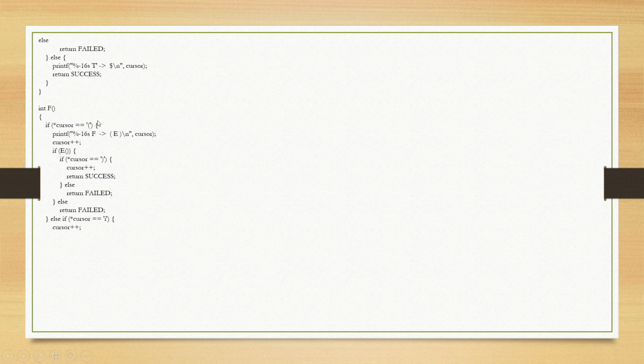This is a condition for the F variable, and after printing the statement, the cursor will be incremented, and it will be equal to the E variable, where if this condition is true, after incrementing the value, it will return success, else it will return a failed value. Again there is one more else if statement in the same condition. If cursor is equal to I, then the cursor will be incremented.